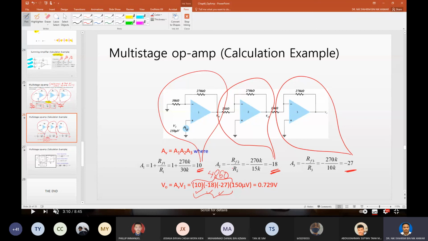This is the gain. Okay, so I think it's very powerful. You have a circuit that can amplify a very small voltage to 4,860 times its original value. That's why people use op-amps for sensors, because sensors are needed to sense very small signals.